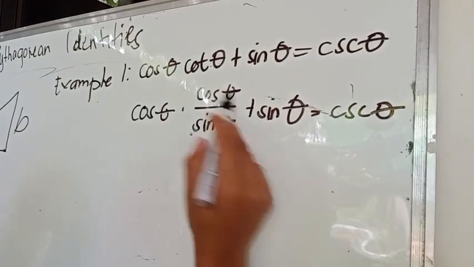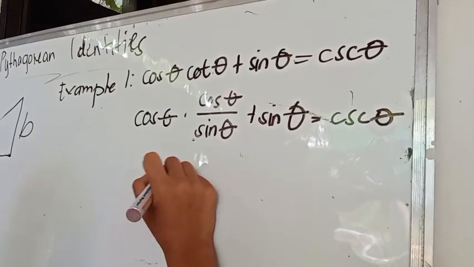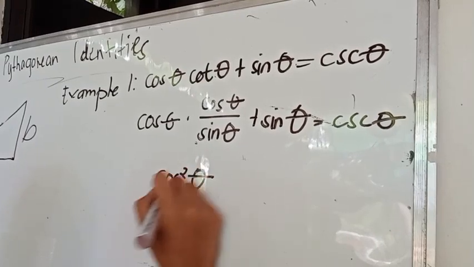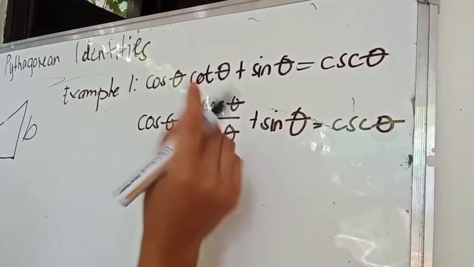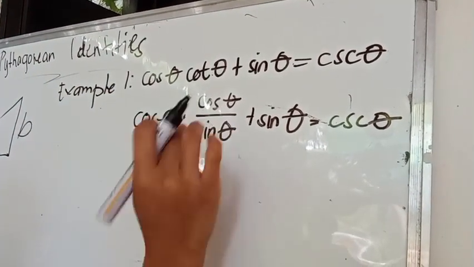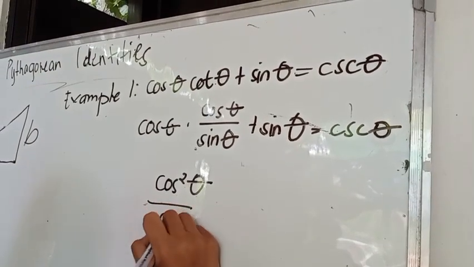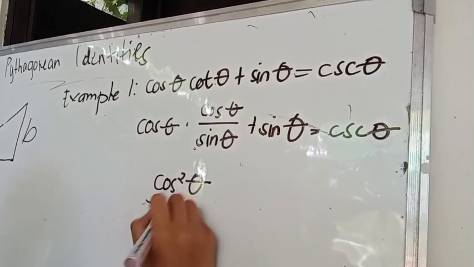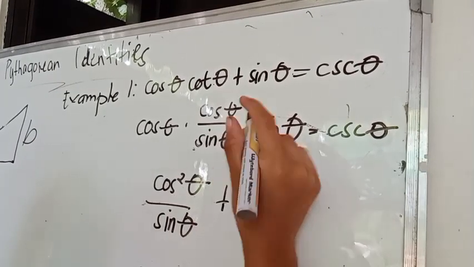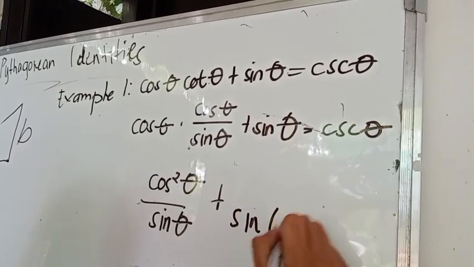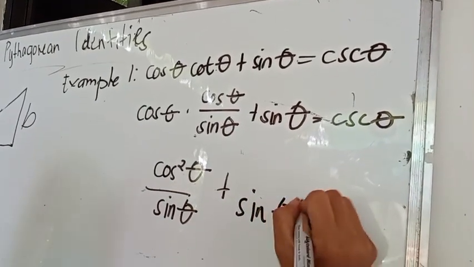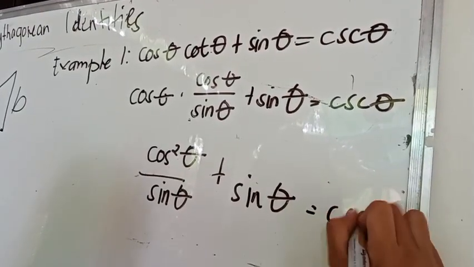Cos theta times cos theta is equal to cos squared theta over sine theta. We're just going to copy it. Plus, bring down the sine theta.